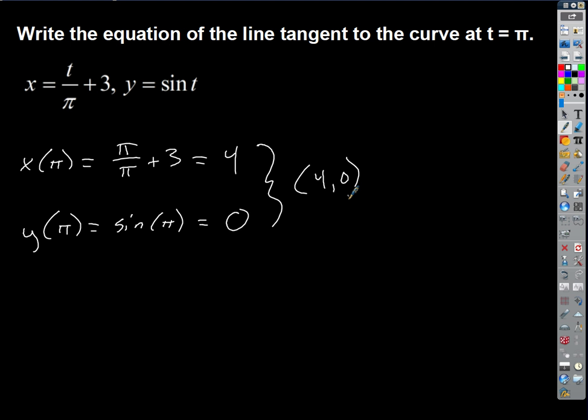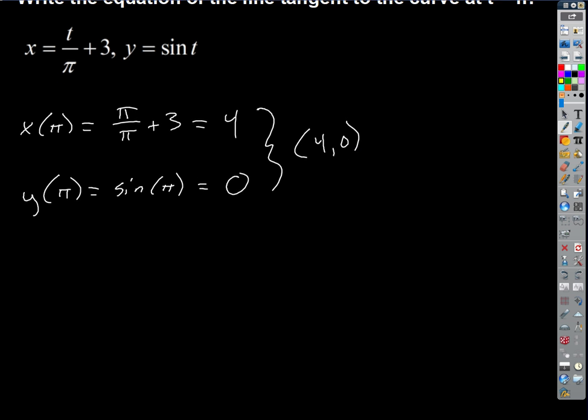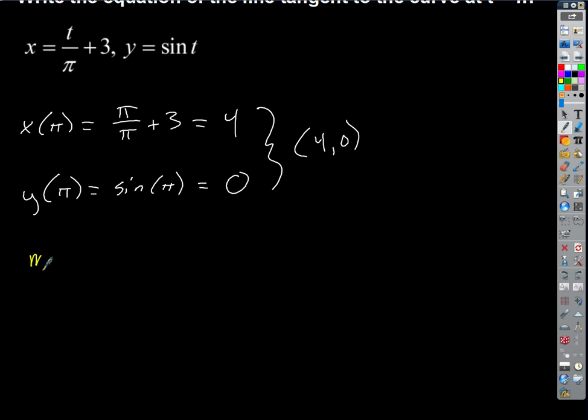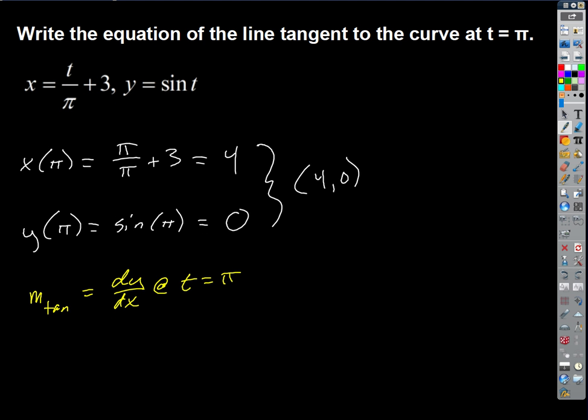That comes from the derivative. The slope of the tangent line is just going to equal dy/dx at t equals pi, right? See that? So none of that's very mysterious, except how do we come up with dy/dx? Because we don't have y as a function of x.